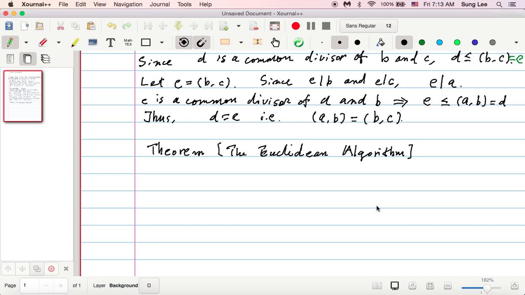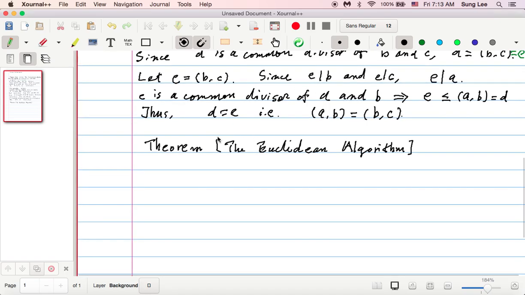Okay, so when you divide B by A, there are two integers, Q1 and R1, such that B equals A Q1 plus R1, and in this case, R1 is greater than 0 and less than A, right?